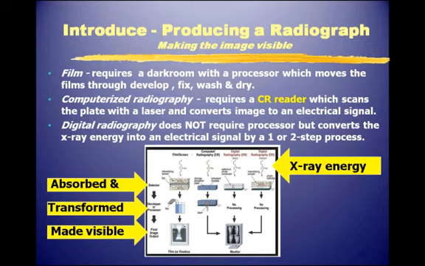But in each case, there's absorption, transformation, and an image made visible. You start with X-ray energy that is absorbed, transformed, not created or destroyed, but just changes its form, and then results in an analog visible image on the monitor.